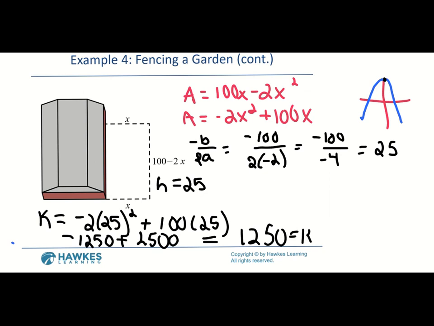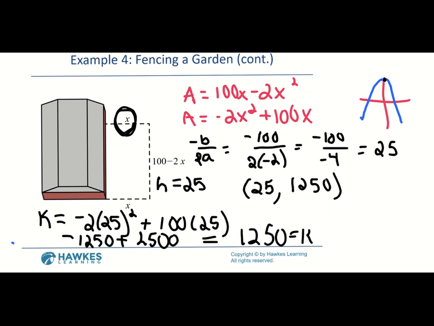So let's look at this vertex. Our vertex right now is 25 and 1,250. Now, how does that help me with the problem? Okay, remember, x was our length.